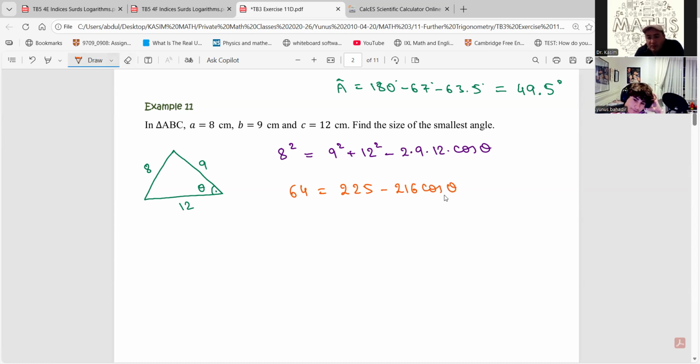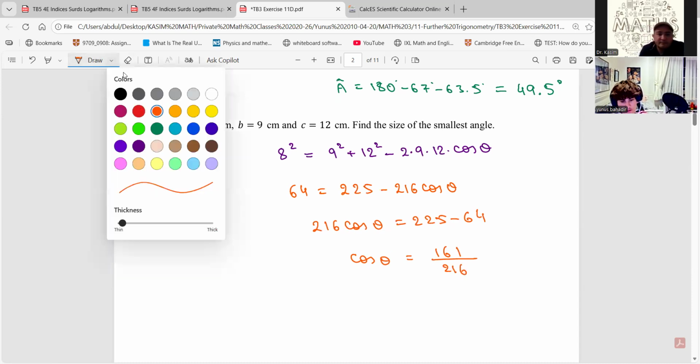And now moving the cosine term to the left, 216 times cosine of theta is equal to 225 minus 64, right? Now from here, what is cosine of theta? 225 minus 64, which is equal to 161. 161 over 216.